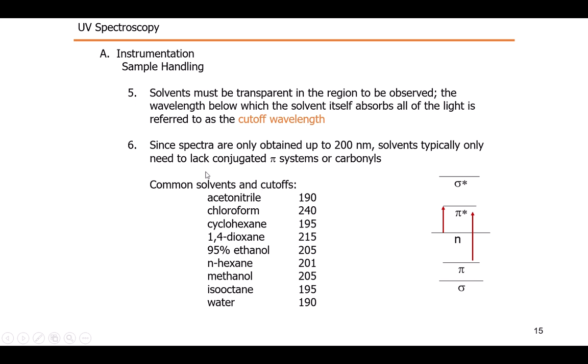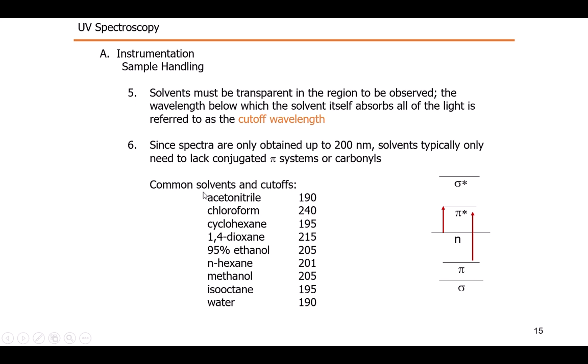Spectra are obtained down to 200 nanometers, so the solvents typically need to lack conjugated pi systems or carbonyls. We would avoid solvents which have carbonyl or pi systems because they would absorb above 200 nanometer wavelength.